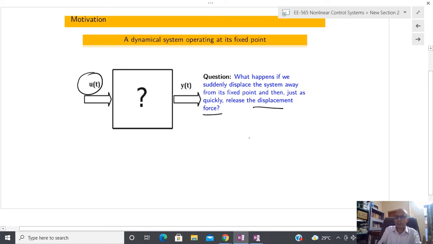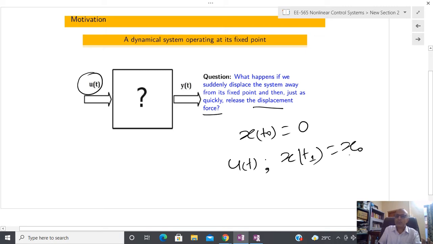My initial condition x(t0) is 0 initially. Now, due to the influence of this force u(t), I have a certain initial condition: whatever force I applied at t1, that gives x0. So initially the system is operating on the zero initial condition, and now I have a finite initial condition.